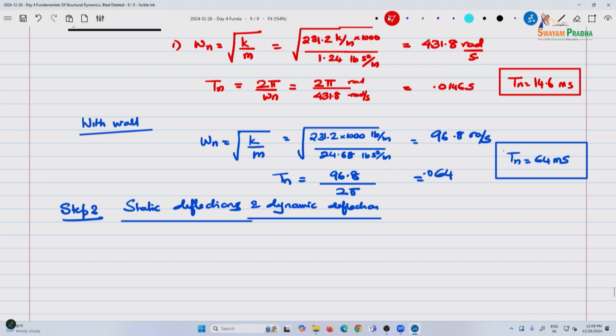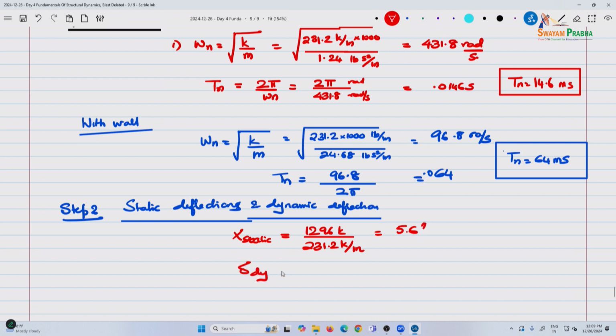So, here what you have is x static that does not change. I think it is 1296 kips divided by 231.2 kips per inch. So, it comes to 5.6 inches.